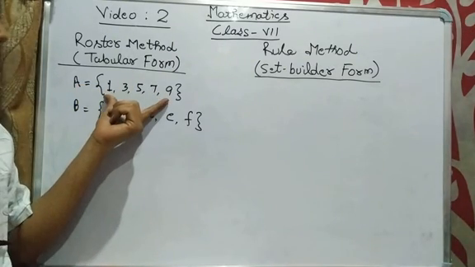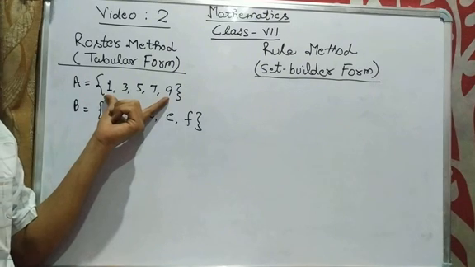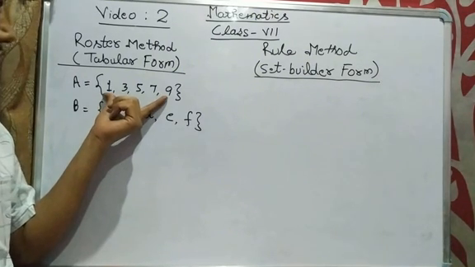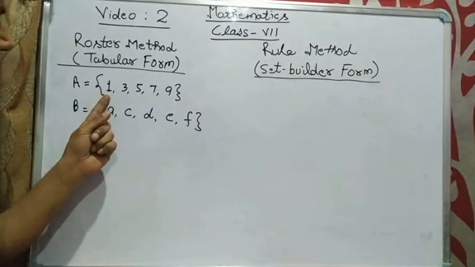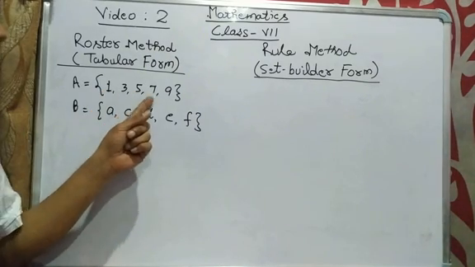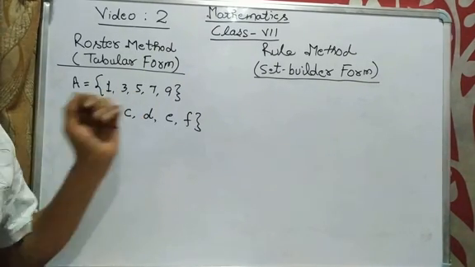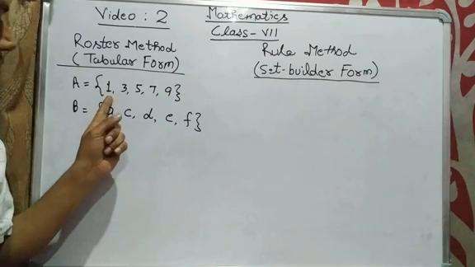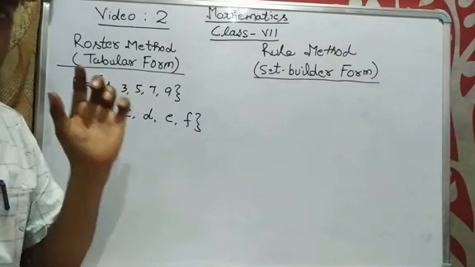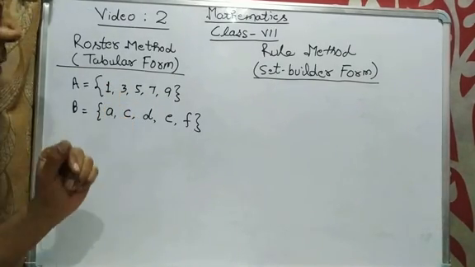Here we can find some common property. You can see all the given numbers 1, 3, 5, 7, 9 that we are writing separately all have one common property. What is that common property?